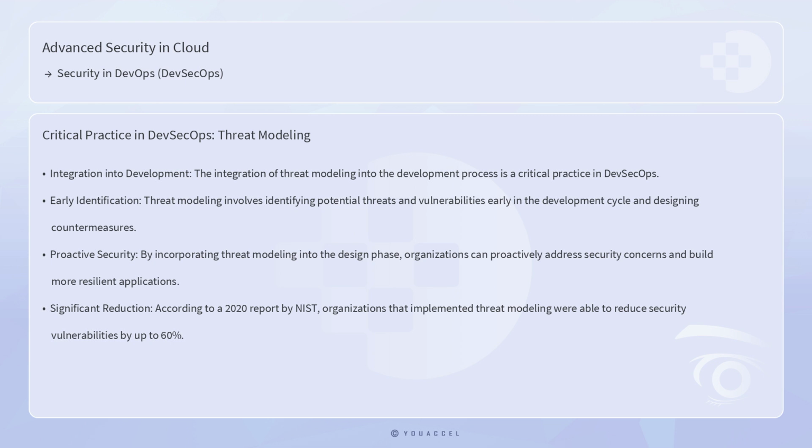According to a 2020 report by the National Institute of Standards and Technology, organizations that implemented threat modeling were able to reduce security vulnerabilities by up to 60%. This proactive approach not only enhances security, but also reduces the cost and complexity of remediation efforts.